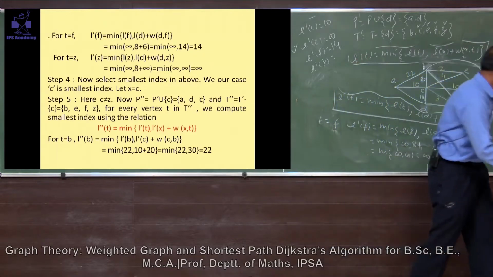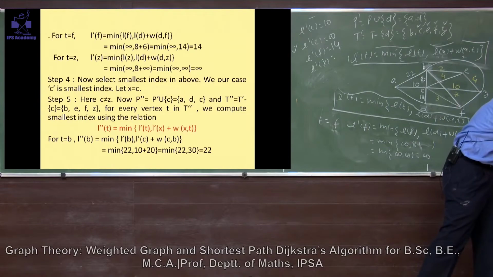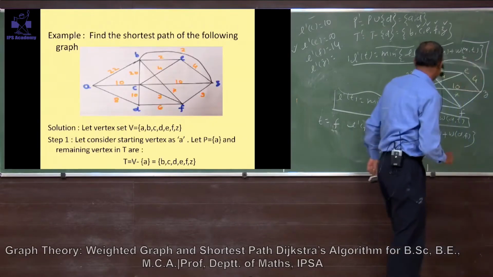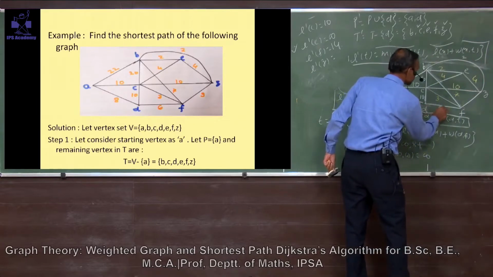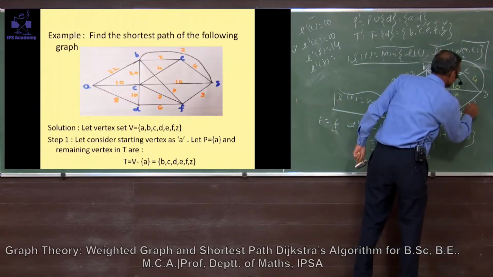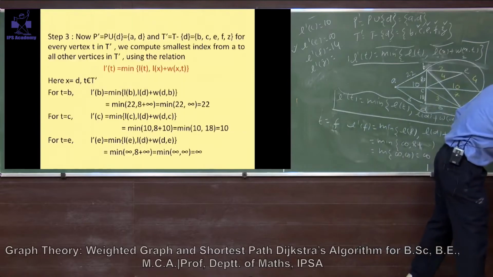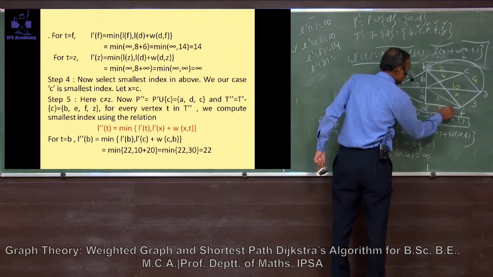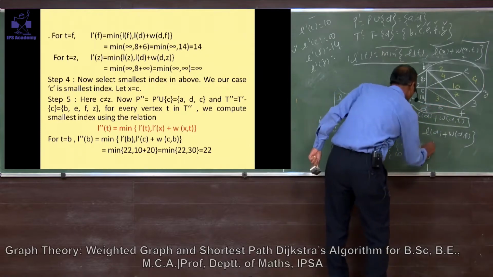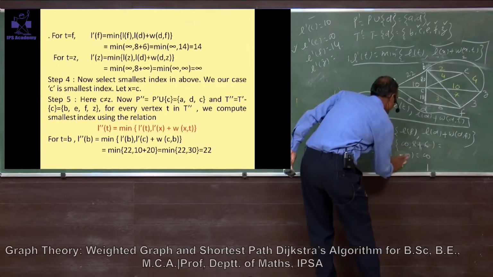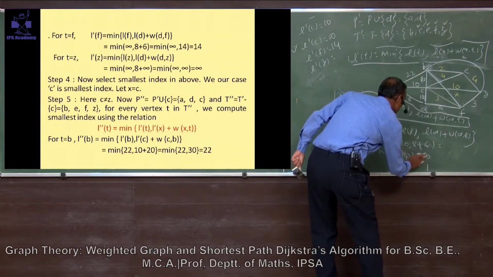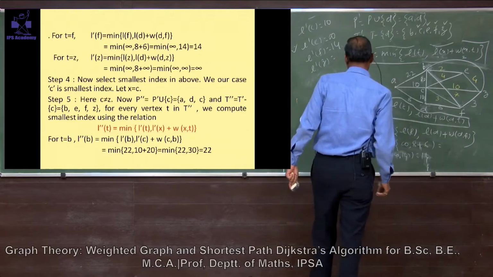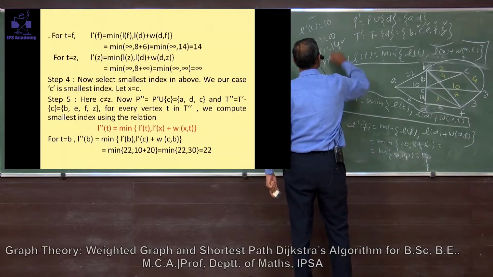What is the length of D, comma F? We have to find it. This is 8, this is 6, this is 6, and this is 3. So the weight of D and F is 6. So we put 6 here. So this is infinity, comma 14. The minimum of infinity and 14 is 14. So L dash F is 14, which we have already found.